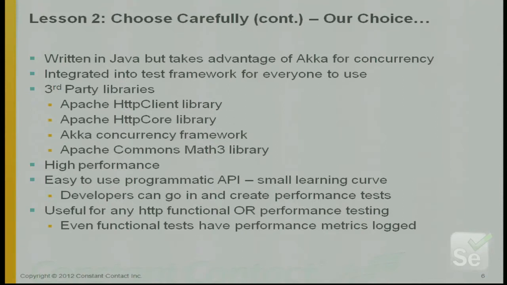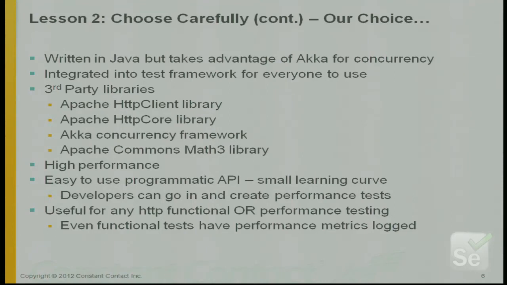We use the Apache Commons Math library to do some of the statistical analysis to deal with all the min-max, variance, percentile stuff. I'll show you that. So it's very high performance. Again, we have a programmatic API, so developers can go in and create performance tests, which they've done. Again, you're not WET.